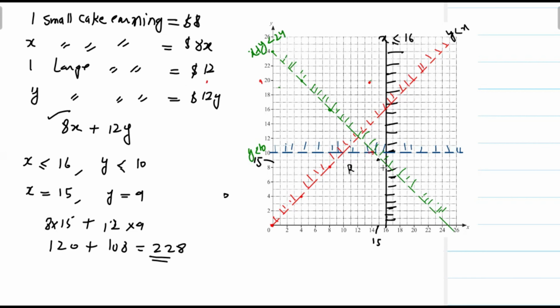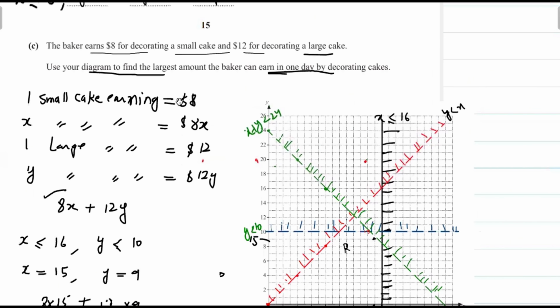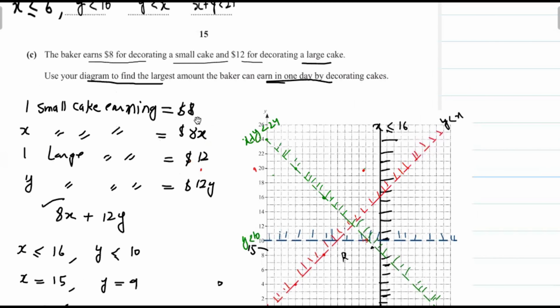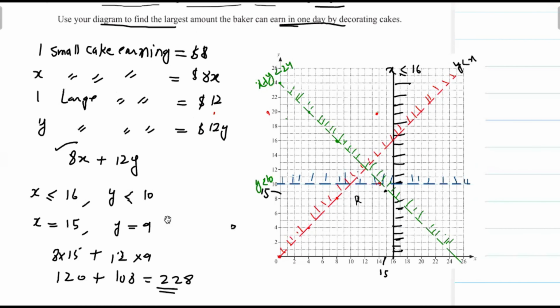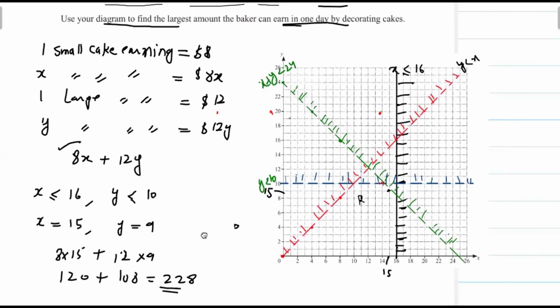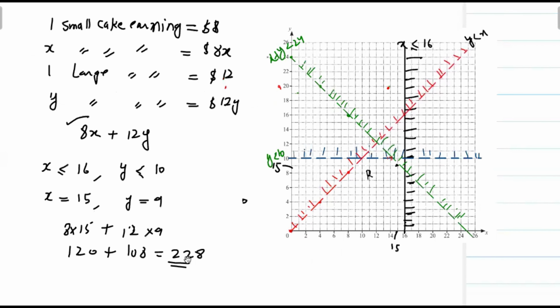This value is the maximum amount earned when the baker bakes the cakes, x is equal to 15 and y equal to 9. You can check other values in this region, but against those values of x and y, the total amount will be less than 228, and this is the answer.